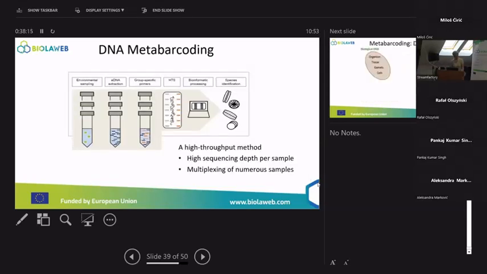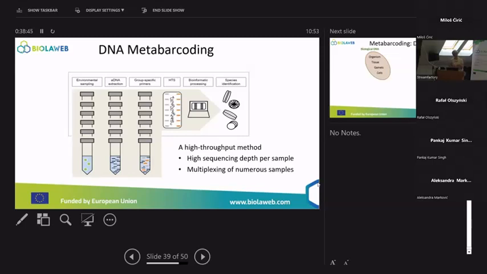What's interesting also with DNA metabarcoding is that not only will you have one sample, which is a community, so you have different individuals, different organisms in it, but also in a single sequencing experiment, you may multiplex, you may add different samples. You will give a label to all the different samples, and you can process them all together in a sequencing experiment.